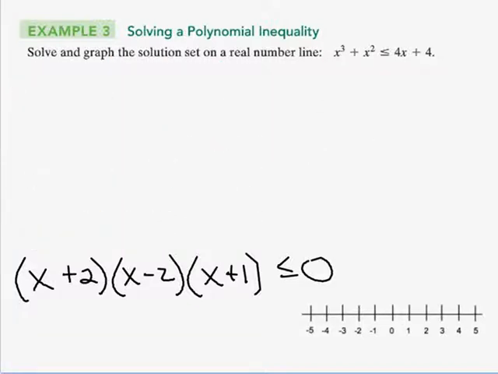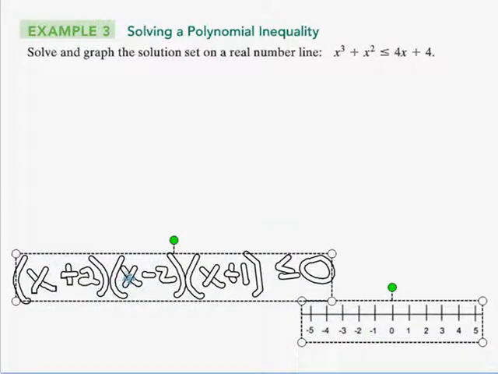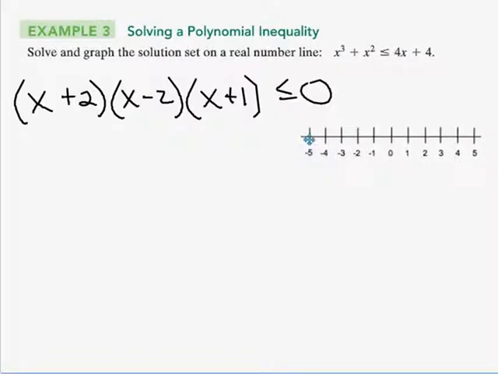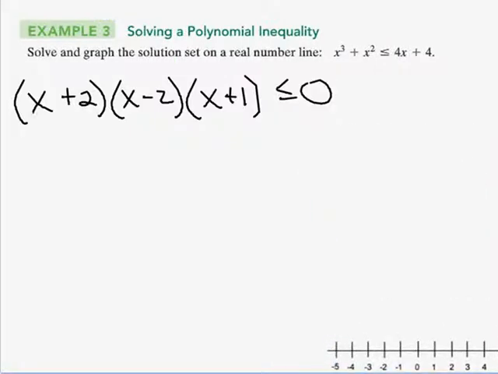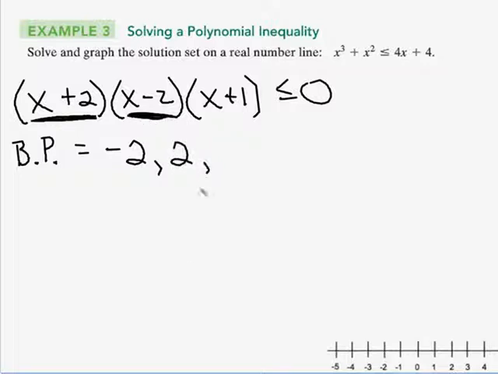So we have our polynomial fully factored, and we set each factor to 0 to find our boundary points. So I will abbreviate BP, boundary points. If I set my first factor equal to 0, I would subtract 2 from each side and get x is negative 2. And then here I would add 2 to each side and get x is positive 2.